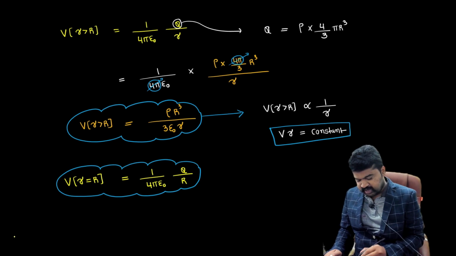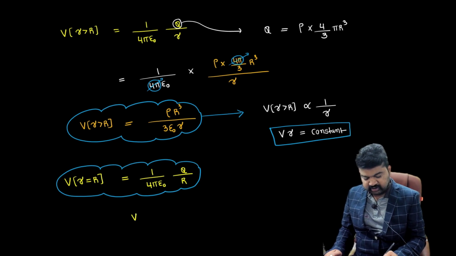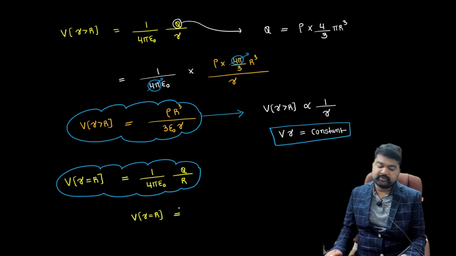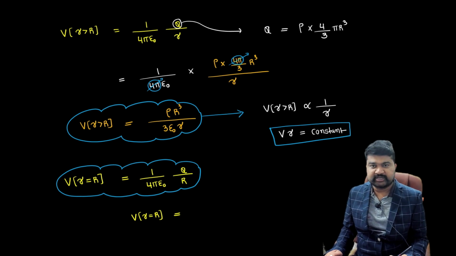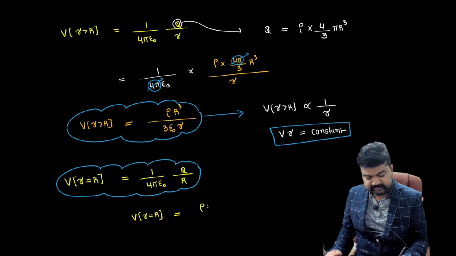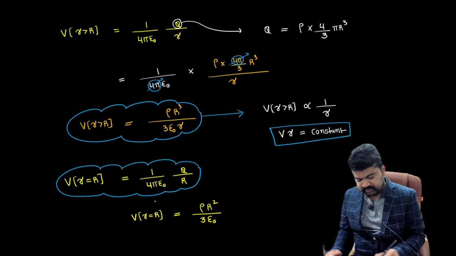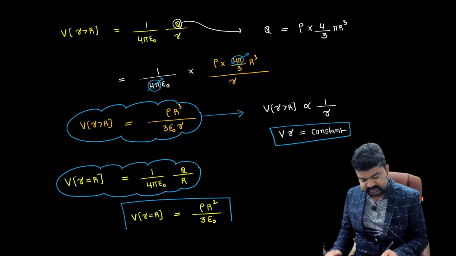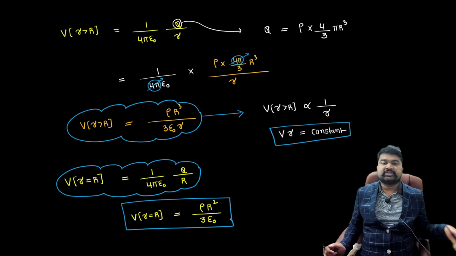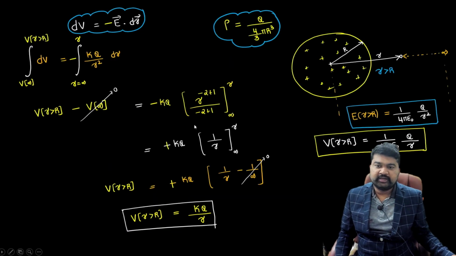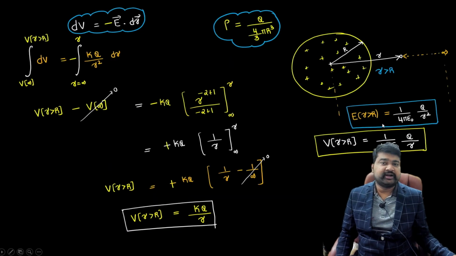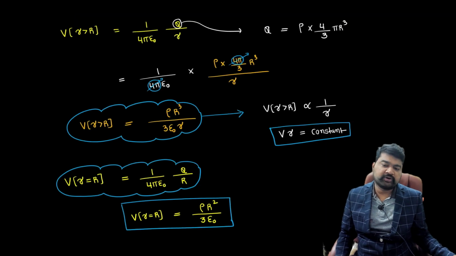So if we write r equal to R here also, what do you get? Here also put r equal to R, then rho R squared/3ε0 comes. Rho times R squared/3 times ε0, okay. This is the expression on the sphere. Here, V for r greater than R completed, V for r equal to R completed.